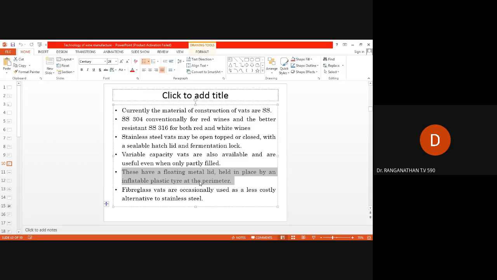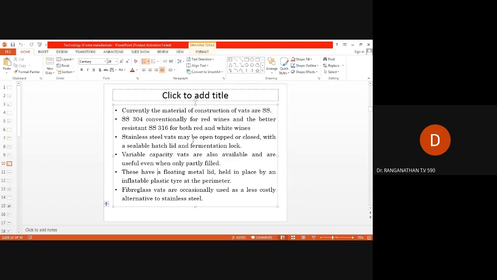The other thing is the skin, particularly in the case of red wine, has a good amount of anthocyanins, and this adds to the color and the quality of the wine. So to ensure a greater extraction of the anthocyanins in the alcohol medium, the metal lid is frequently pushed down. What will happen if the metal lid is pushed down?